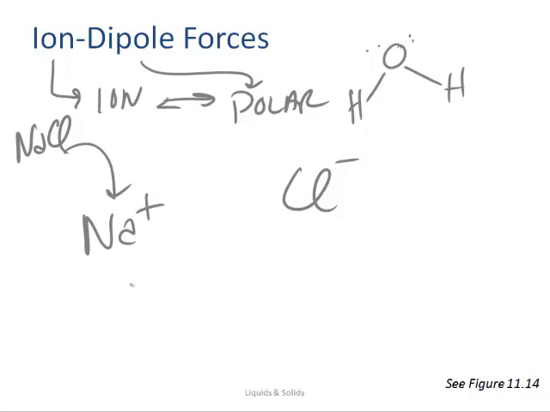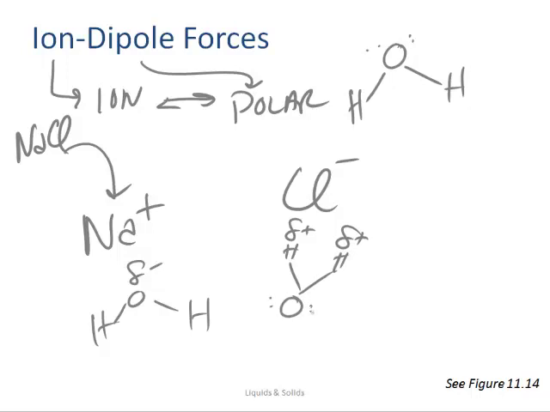Because the interaction between the partial negative charge of the oxygen atom and the attraction with the positive charge of the sodium cation is what does it. And of course, the partial positive charges associated with the hydrogens are what attract the chloride ions, and what interacts and pulls them apart and keeps them solubilized.